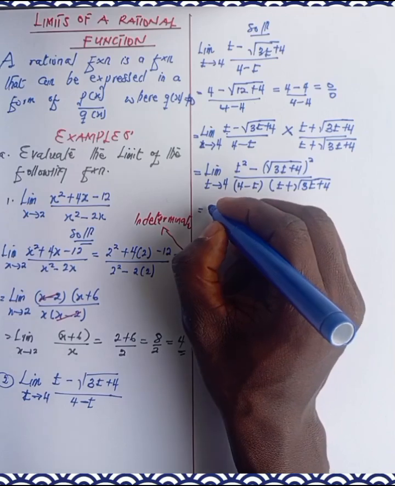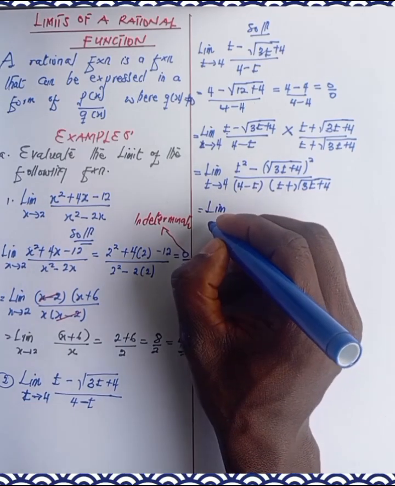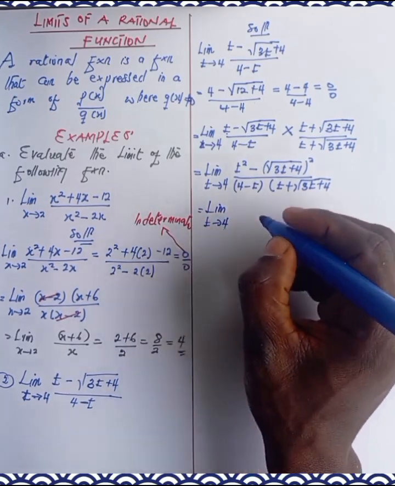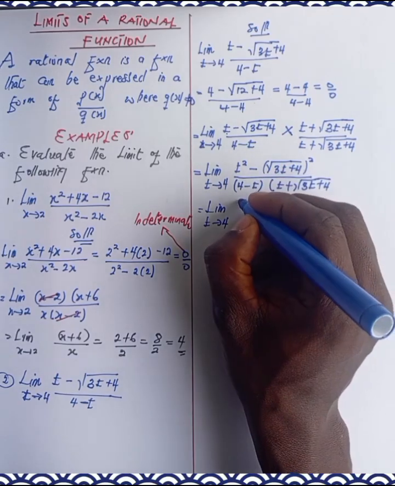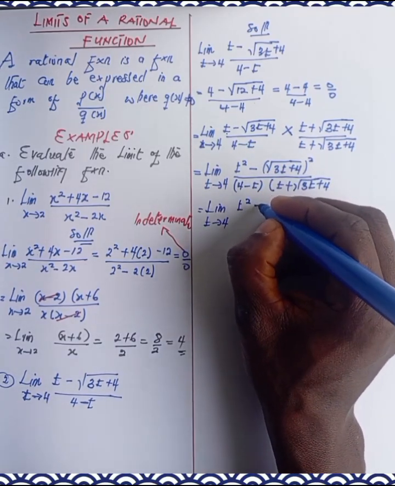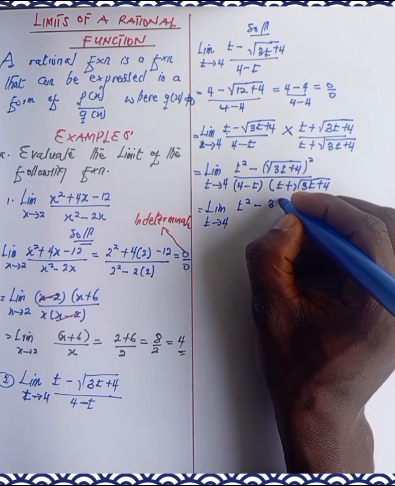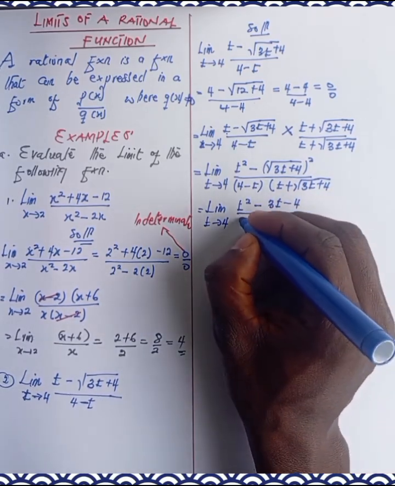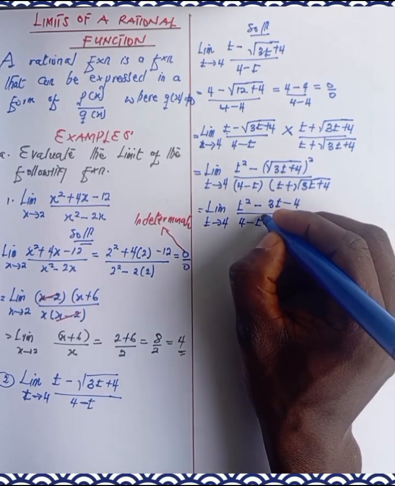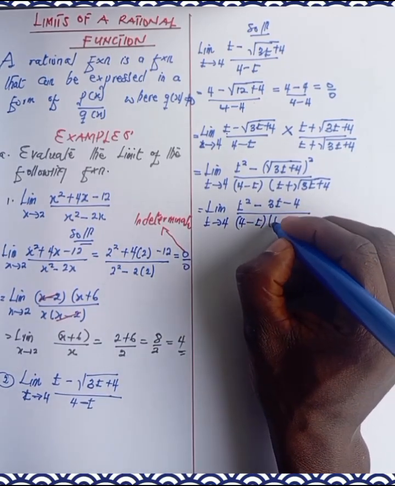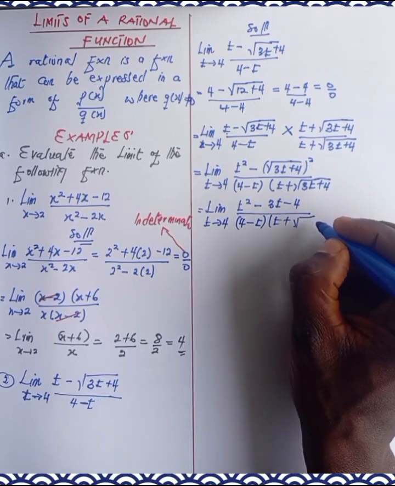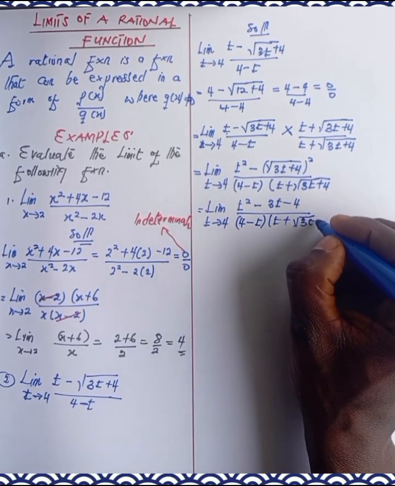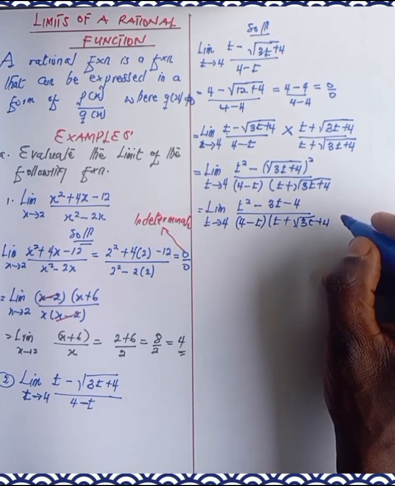So let's simplify and see. We have the limit as t approaches 4 of (t squared minus 3t minus 4) all over (4 minus t)(t plus root of 3t plus 4).